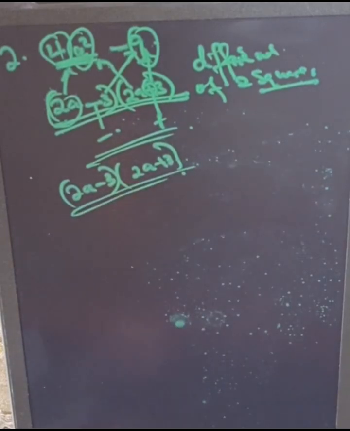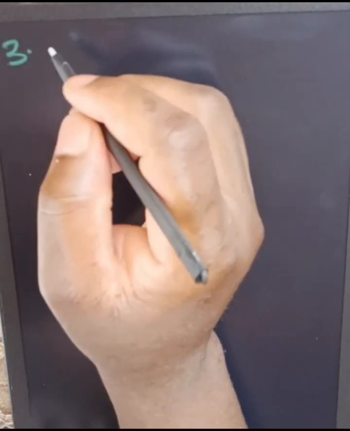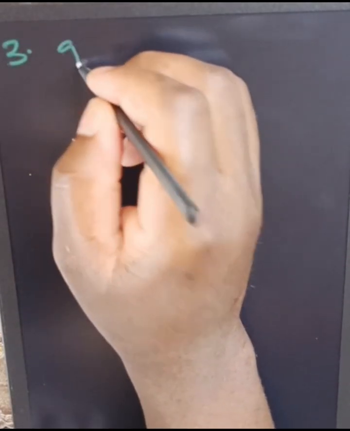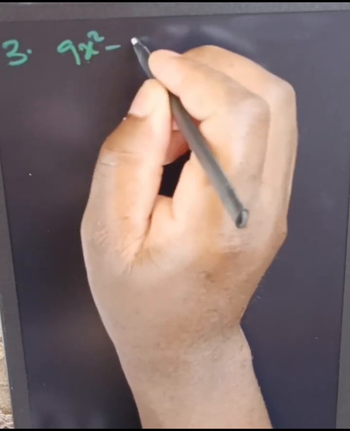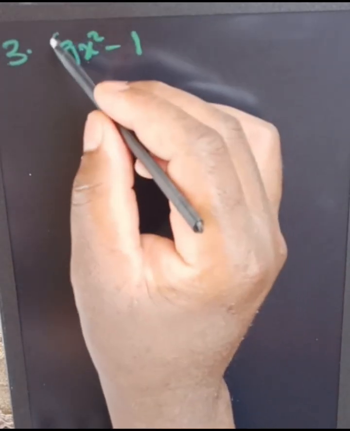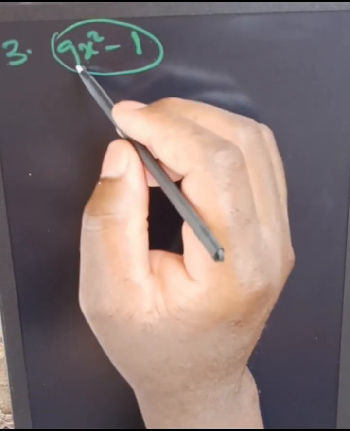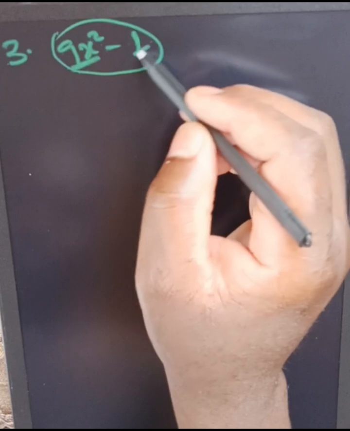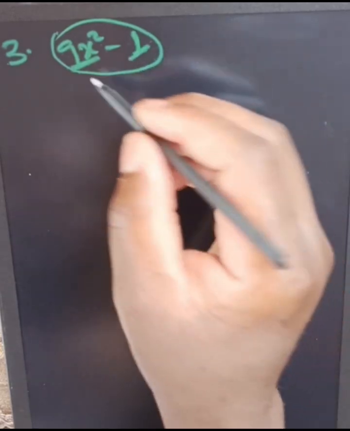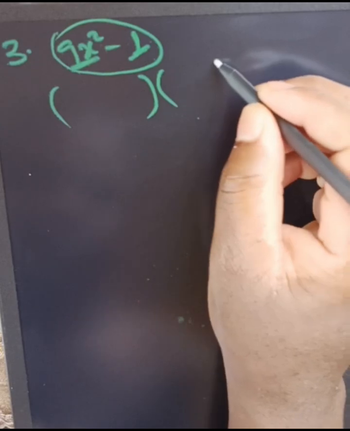We move on to question number 3. Still factorizing a difference of two squares again. 9x squared minus 1. Again, we need to find the square root for 9x squared and for the 1. For 9x squared it is 3x. For 1 it is 1. We open bracket, close bracket, likewise open bracket, close bracket.